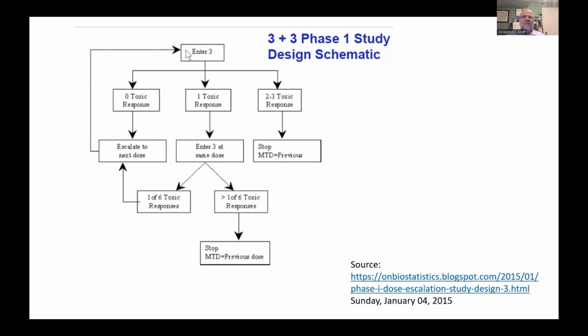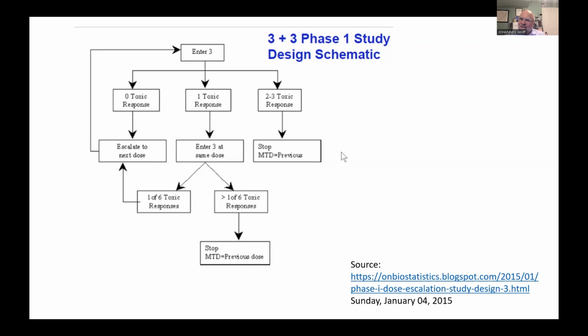If when entering 3 patients into a dose level, 2 or more patients were observed with dose-limiting toxicity, then that dose level is considered too high, and the previous dose level is the maximal tolerated dose.